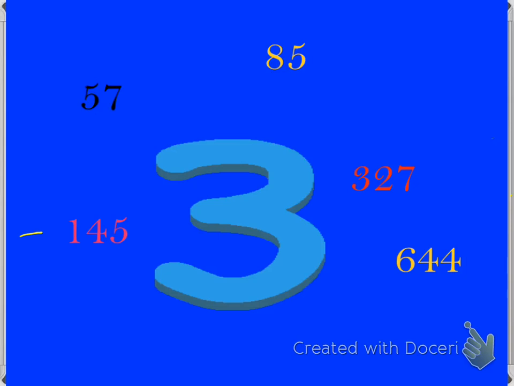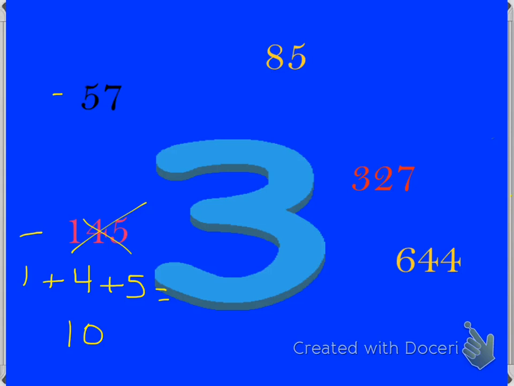So 145, if you add up all of those digits, 1 plus 4 plus 5, that equals 10. 10 is not divisible by 3, therefore 145 is not divisible by 3.